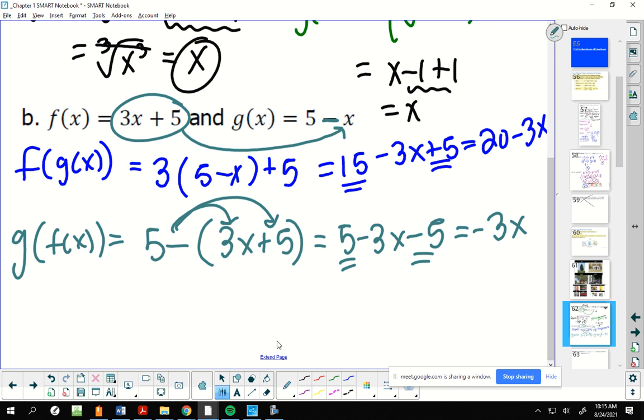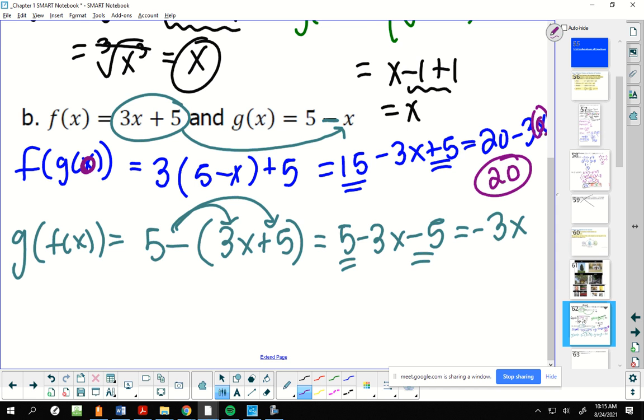And then last, we're going to find f of g of 0. So what they're really asking us, they're just saying, oh, plug a 0 in for x. Right? So we already found that that was 20 minus 3x, so let's plug in 0 for x. That's 20 minus 0, which is just 20. Okay.